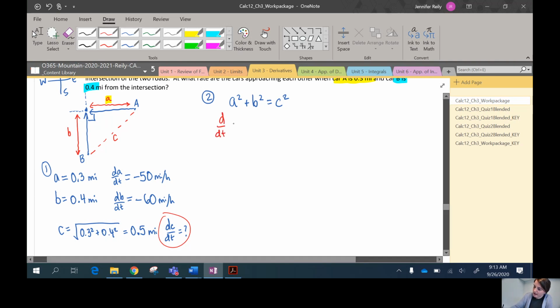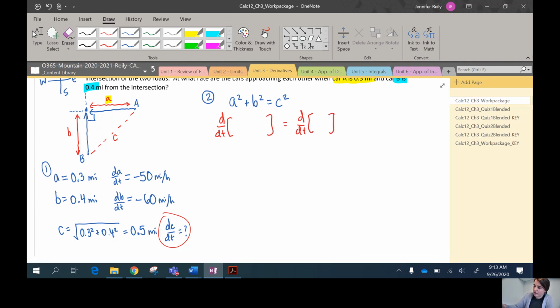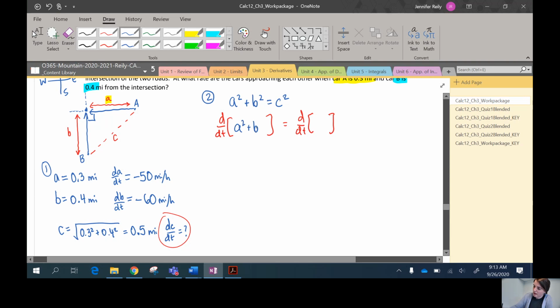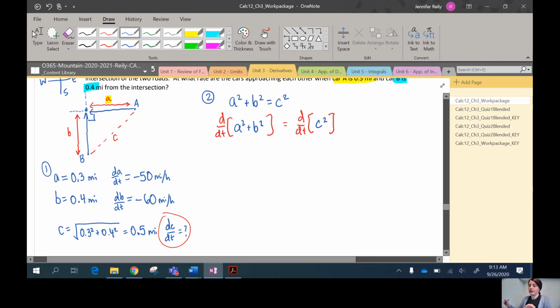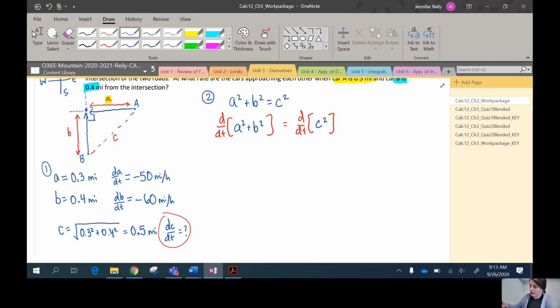Okay, so d by dt of that side and d by dt of the right-hand side. So remember, A, B, and C are all functions of time. We don't know what those explicit functions are, but when we take the derivative with respect to time, we need to use the chain rule.